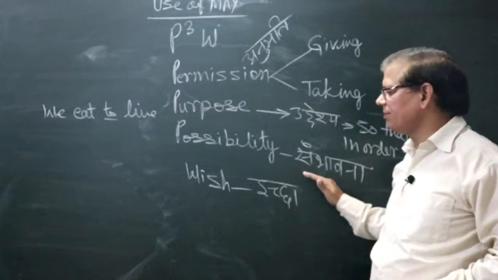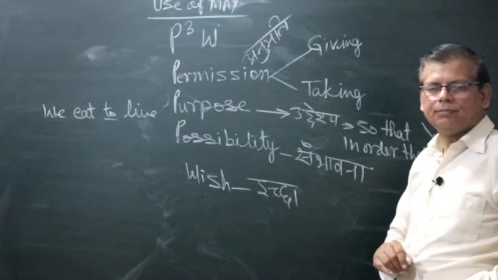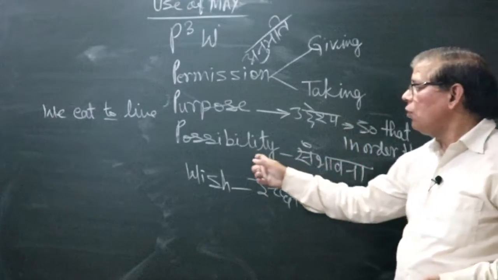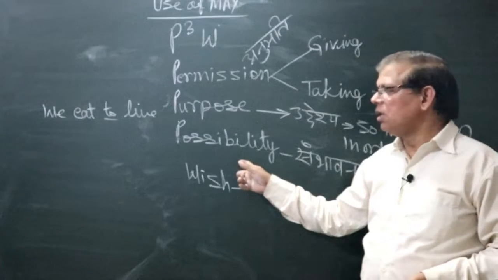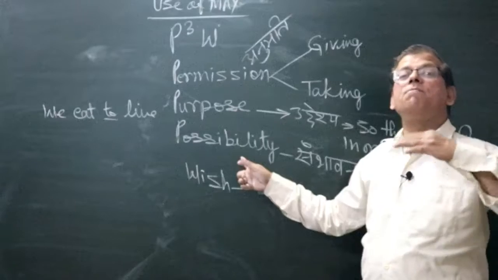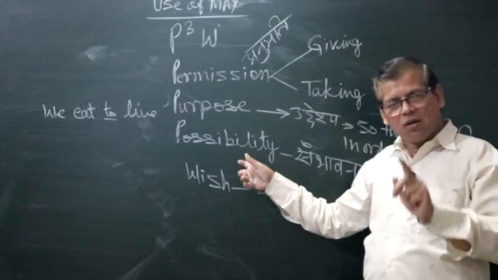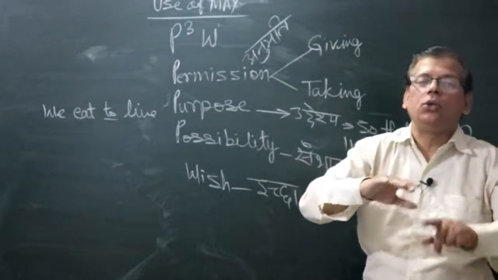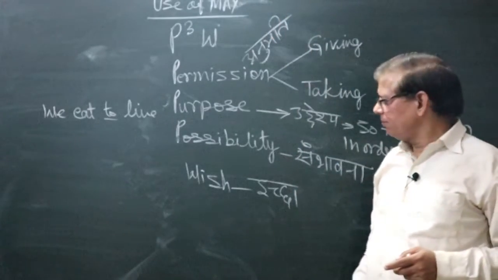For the possibility we use may. But possibility must have some reasons. If no reason, that is a remote, uncertain, impossible possibility. For these we use might, not may. We shall be discussing might later on.